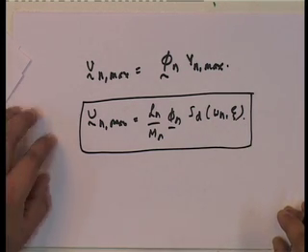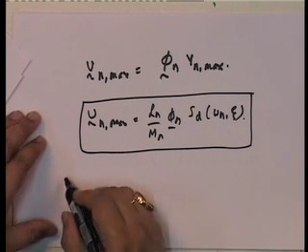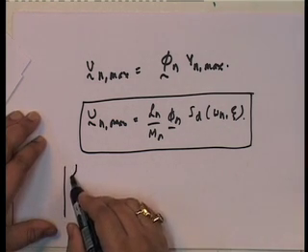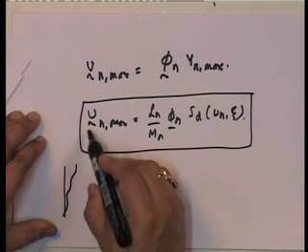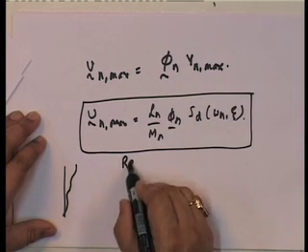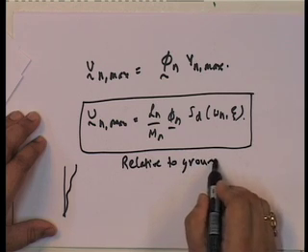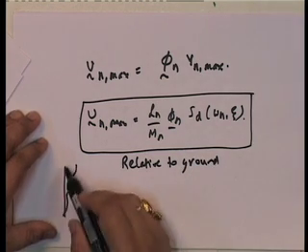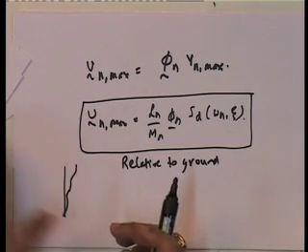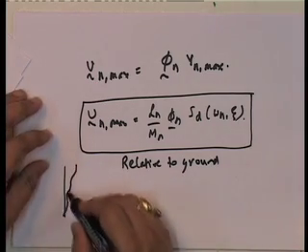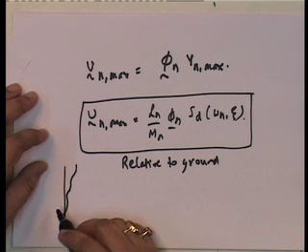Now, can I find out? So this is a displacement pattern that we have. And by the way, this is relative to ground. Please note that. So this is essentially the deformation of the structure that we are looking at. Okay.